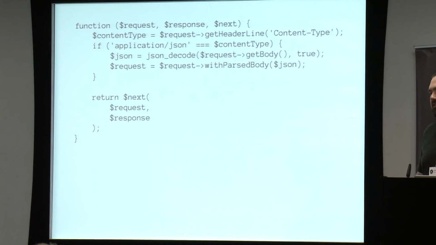However, if you want to write a middleware or some sort of process somewhere, you can actually replace the parsed body with something else. For example, if the content type is application/json, you can JSON decode the content and put it in the parsed body, so that anyone that uses this request down the line can just know that the parsed body is going to be pre-parsed JSON.